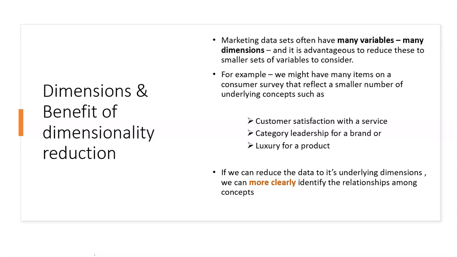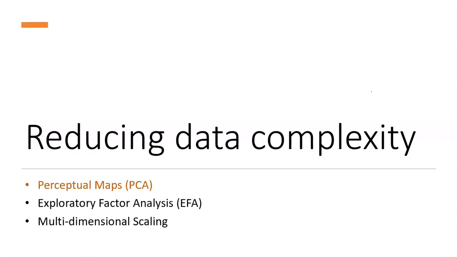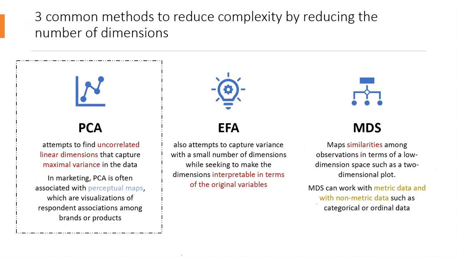We'll use PCA, that is Principal Component Analysis, which is a dimension reduction technique. There are many ways for reducing data complexity or reducing dimensions. These are PCA, exploratory factor analysis, and multidimensional scaling. In this session, we will cover PCA, that is Principal Component Analysis, and how it can be used to create perceptual maps.